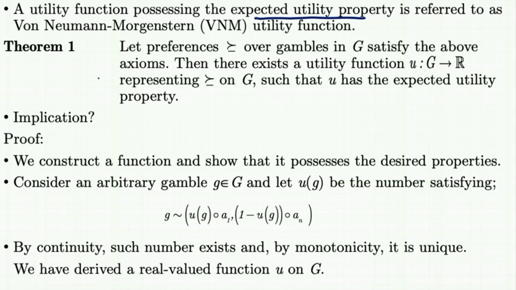Now, if we have this kind of theorem, what's the implication? Because we have all of these 6 axioms, an individual can assign utility numbers to outcomes in A. Remember, A is the set of outcomes, such that the decision maker or the consumer prefers one gamble over another if and only if it has a higher expected utility, isn't it?